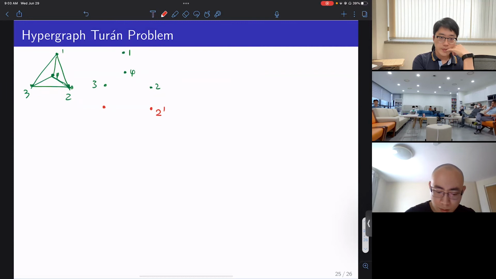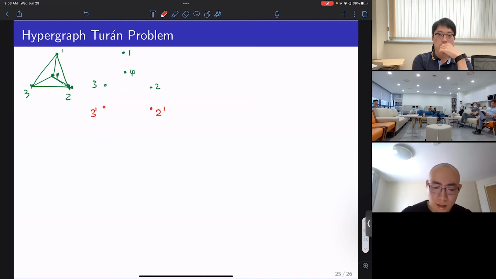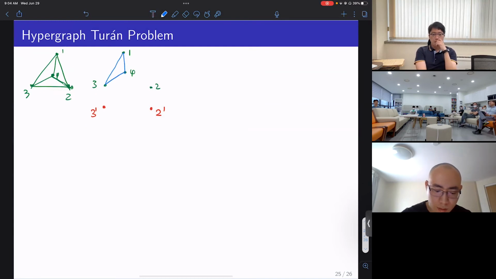These would be 2 prime and 3 prime, so I add 2 new vertices, 2' and 3'. The triples I add are these. First, you have triples that contain only one vertex in {2, 3}.